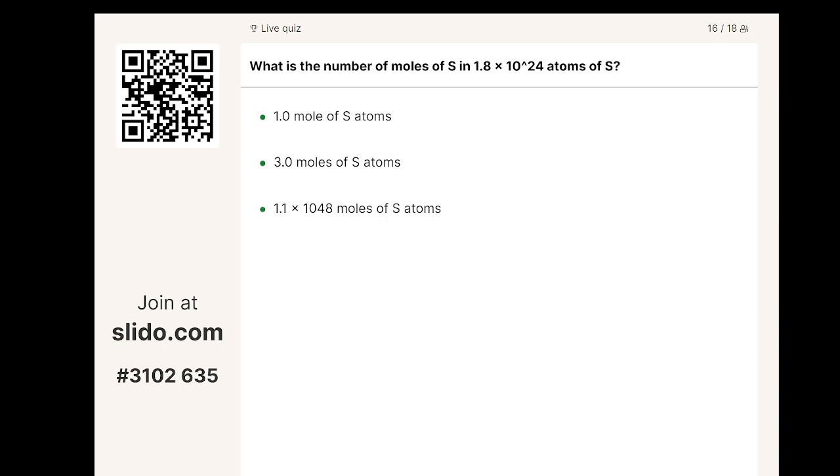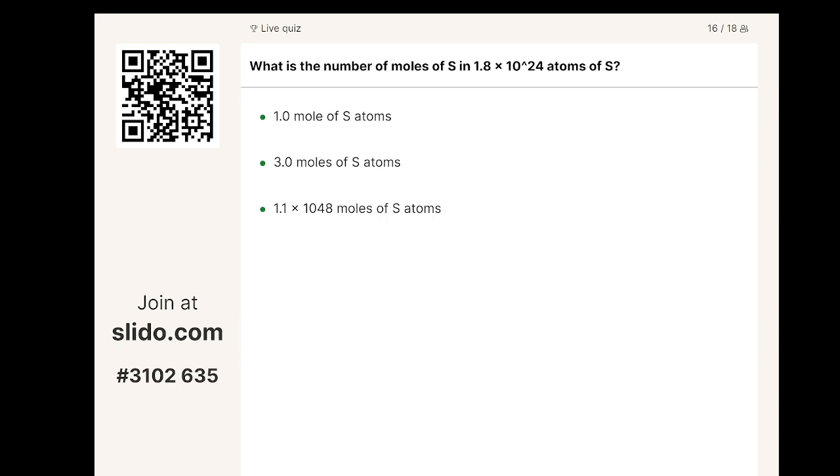Now, if I take that number, what is the number that is in a mole? 6 times 10 to the 23rd, right? That's the number of items in a mole. And so I just need to divide my number here, 1.8 times 10 to the 24th, by that 6.02 times 10 to the 23rd, right?